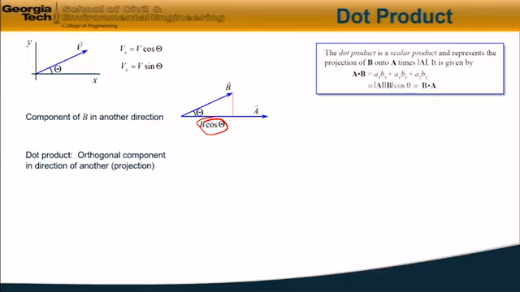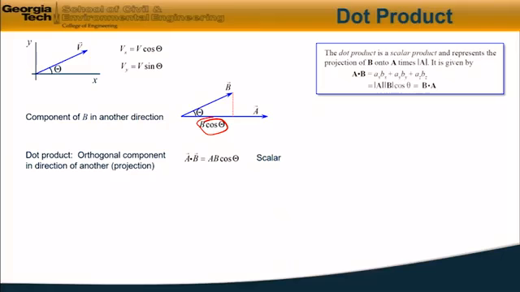And the dot product of these two vectors is the orthogonal component in the direction of the other vector, in other words, the projection of the vector onto it. So we have then that A dot B, the dot product of A and B, is AB cosine theta, the magnitudes of both vectors multiplied by the cosine of the angle between them, and this is obviously a scalar product.